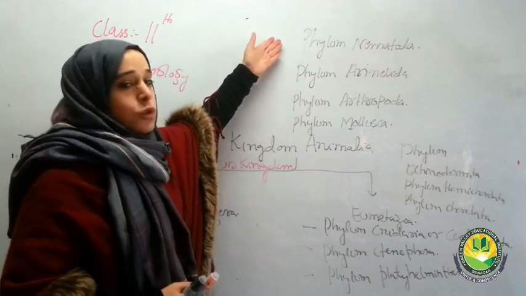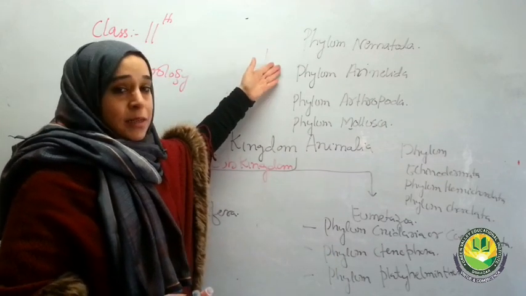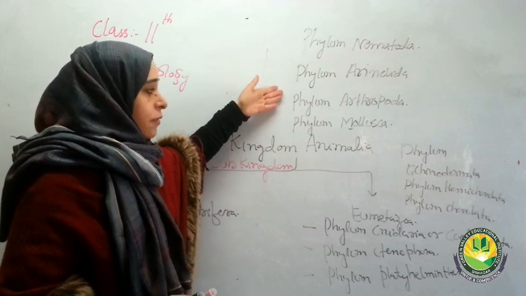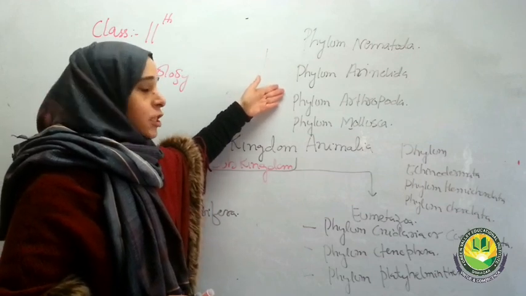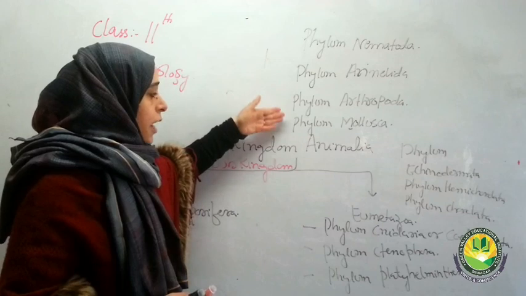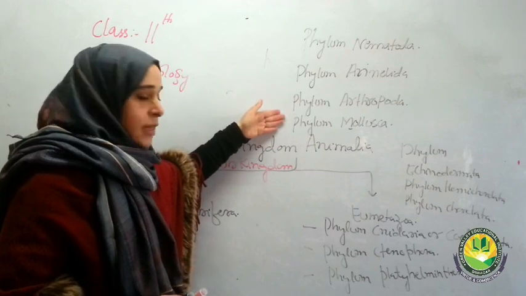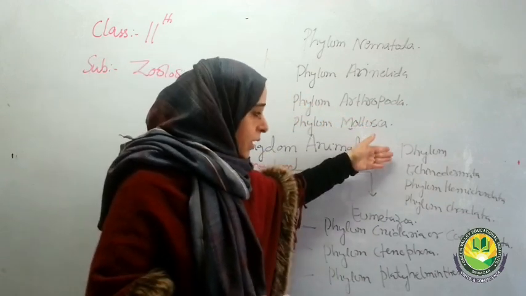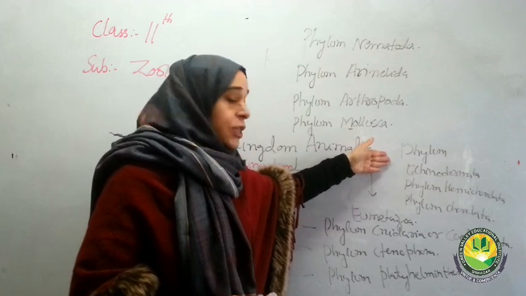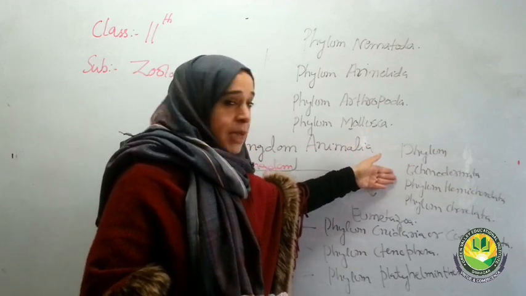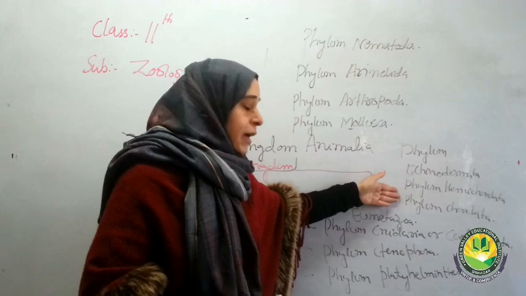Then we have the nematodes, the roundworms; the Annelida, the segmented worms; the Arthropoda, the animals possessing jointed appendages; the phylum Mollusca, the soft-bodied animals; the phylum Echinodermata, the animals possessing spines; then the phylum Hemichordata, and then the phylum Chordata.